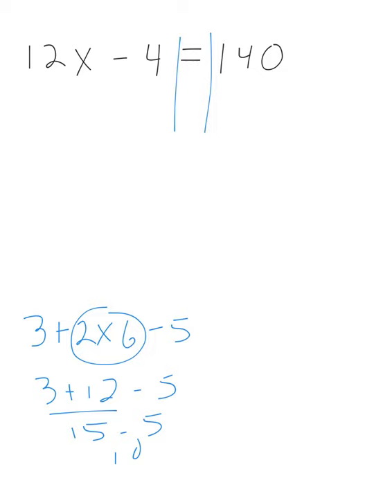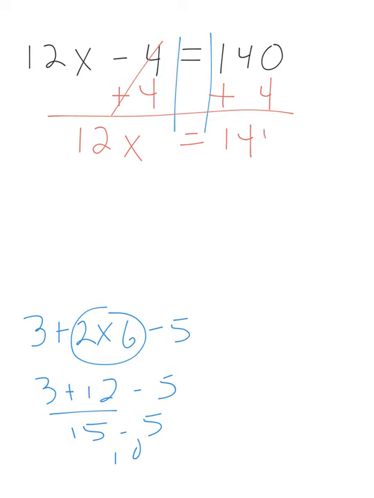Well, when you are trying to find the value for x, you're actually doing the opposite of what you did with the order of operations. So you have to get rid of the adding and the subtracting first. So in this case, you would add 4 to both sides. And negative 4 plus 4 gives you 0, which is why you see us just cross it out. And you have 12x equals 144.